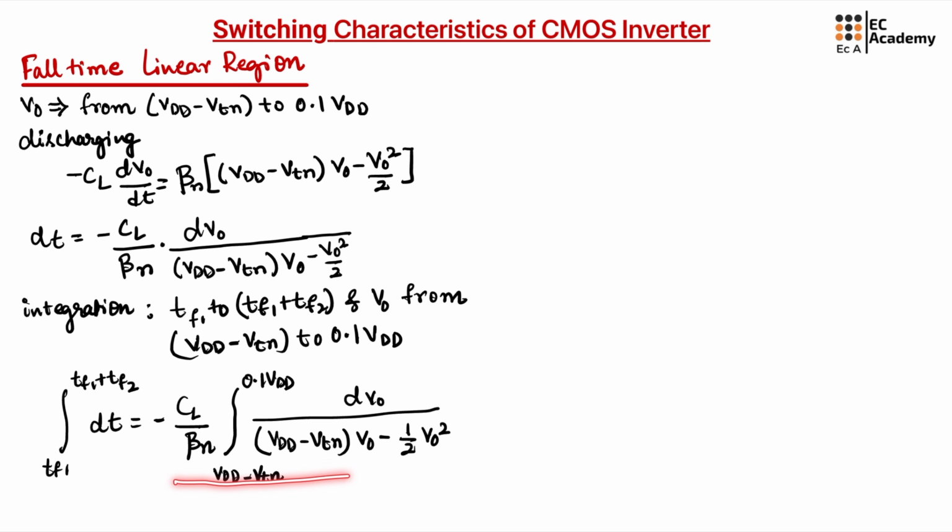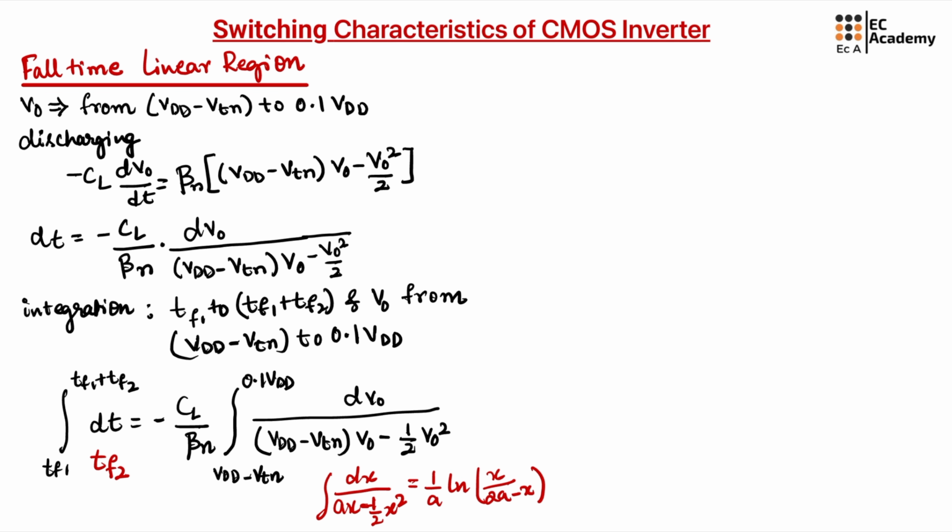So for the right side equation, we can use the integration rule, which is integration of dx divided by (ax minus 1 by 2 x square) can be written as 1 by a ln of x divided by (2a minus x). And on the left side, if we apply the limit and integrate, we will get TF2.